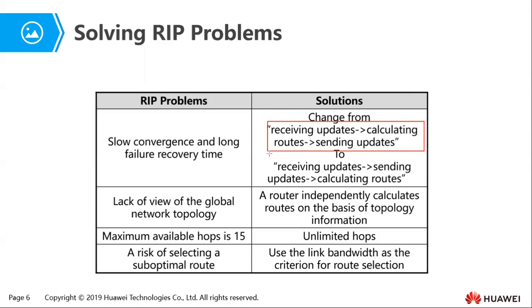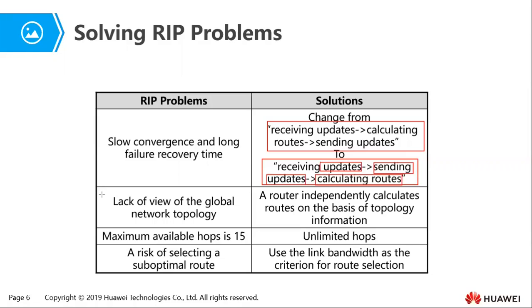That can be changed so that it's a little bit faster: you receive an update that a link has gone down from another router, and share it with the next router before calculating your new routes. That can indeed speed up the recovery time a little.